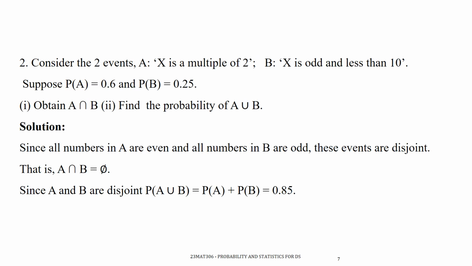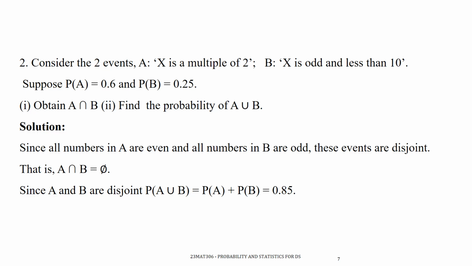Consider the two events A: x is a multiple of 2, and B: x is odd and less than 10. Suppose probability of A is equal to 0.6 and probability of B is equal to 0.25. Obtain A intersection B, and find the probability of A union B. In this problem, event A represents multiples of 2 and event B represents odd numbers less than 10.